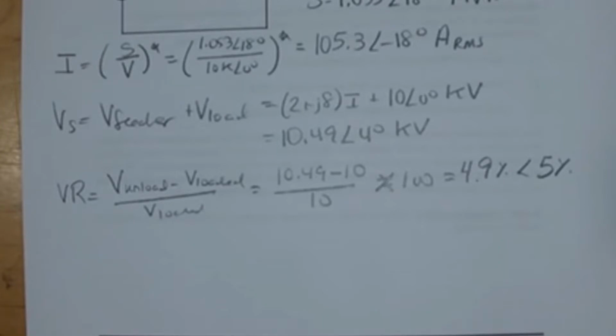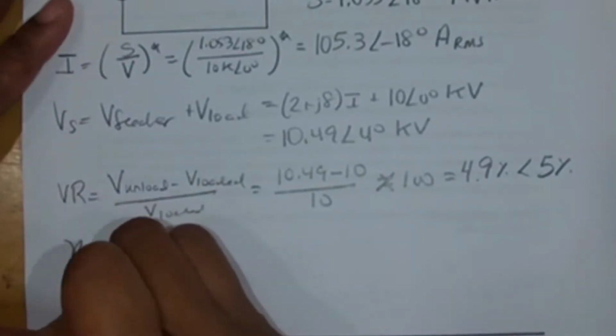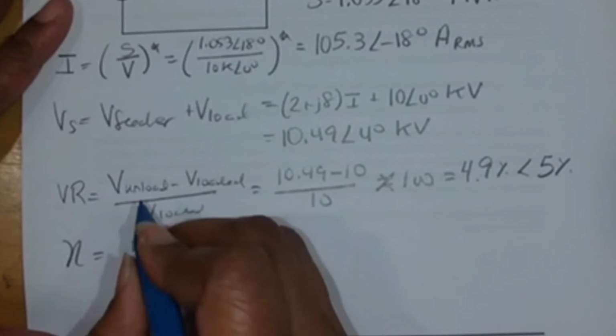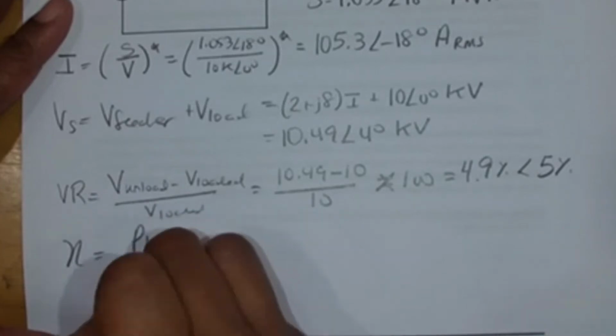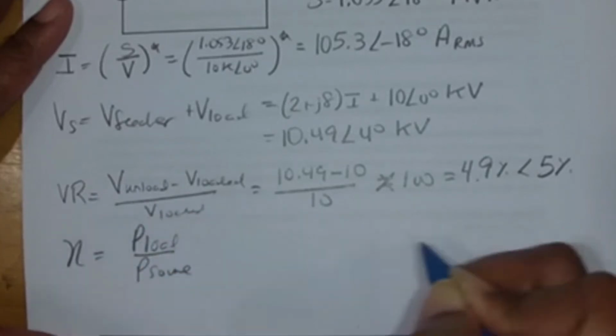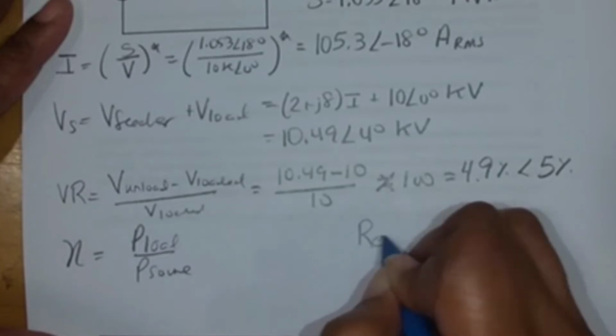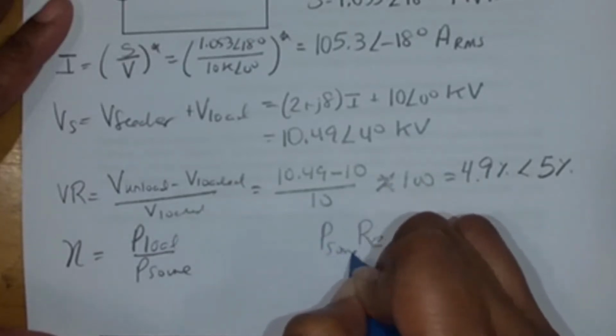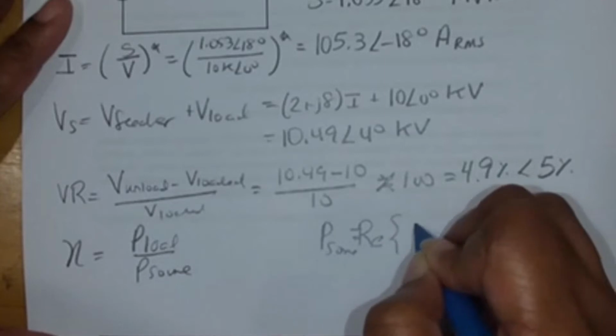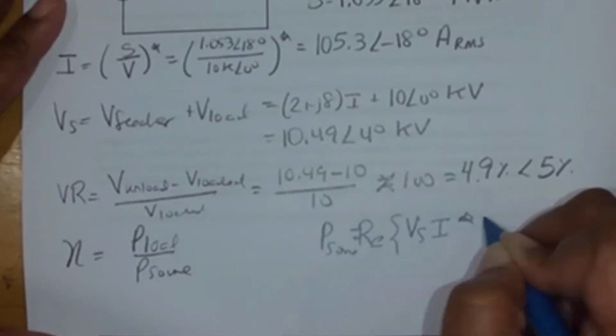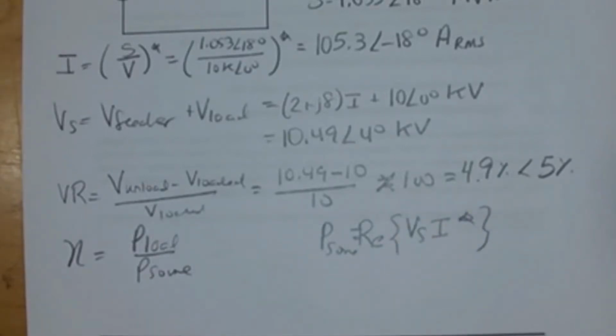We also wanted to improve our efficiency. Our efficiency was P load over P source. So we need to find P source, which is the real part of Vs times I conjugate.